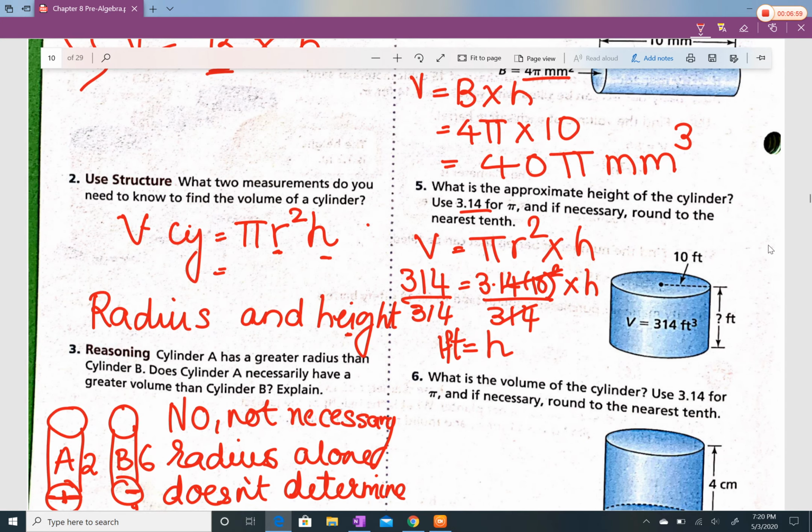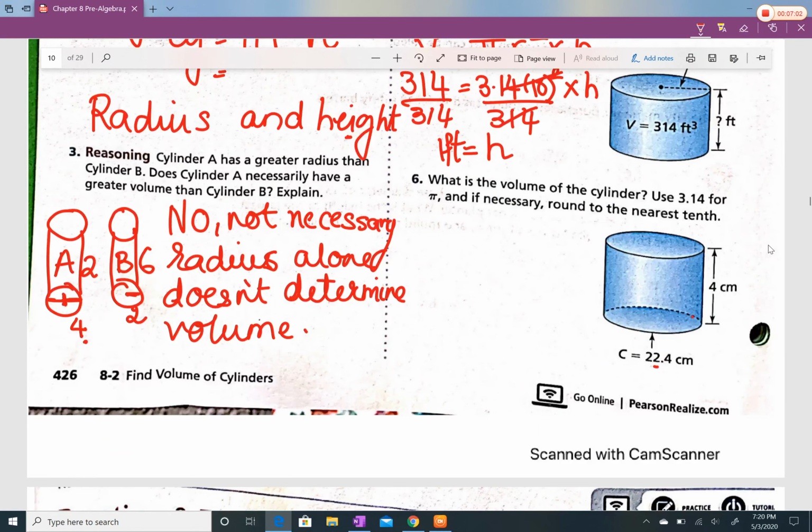Okay guys, now the last one. What is the volume of a cylinder? And they have given the circumference, so we have to do one more step. The circumference of a circle formula is 2 pi r. So basically I need to find the radius. Once I know the radius, I can find the volume. So circumference is 2 pi r, and they give the circumference as 22.4 equals 2 times, use 3.14 as pi, and radius is something which I don't know, so I'll keep r as r. 2 times 3.14 is 6.28.